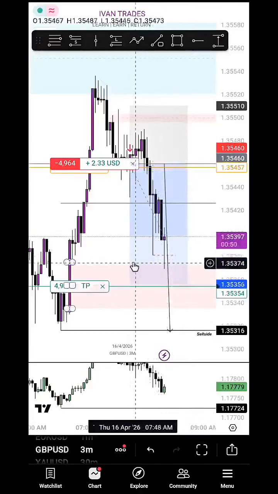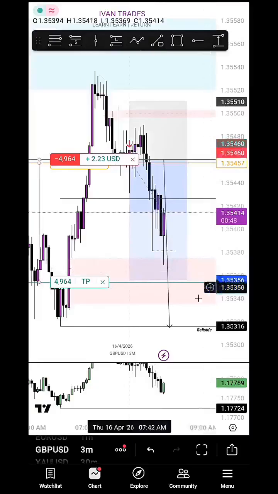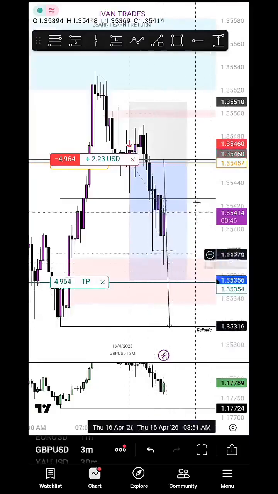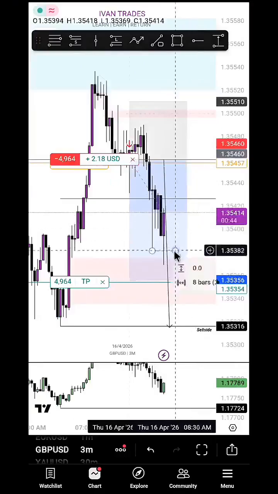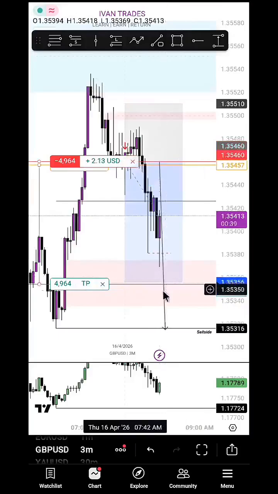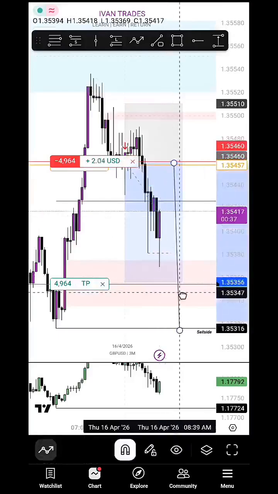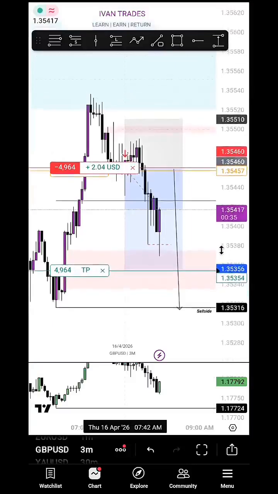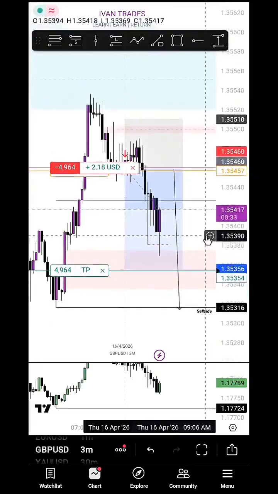So far this internal low has been swept and it's being rejected. Internal liquidity raid. GBPUSD seems to be slowing down, but I want to see this low closed over for the price to actually reach the target.